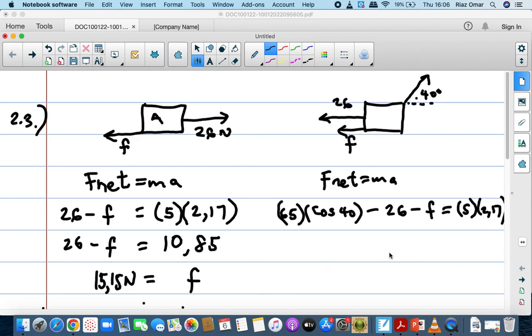So if you work this out, 65 multiplied by cos of 40 gives you 49,72.